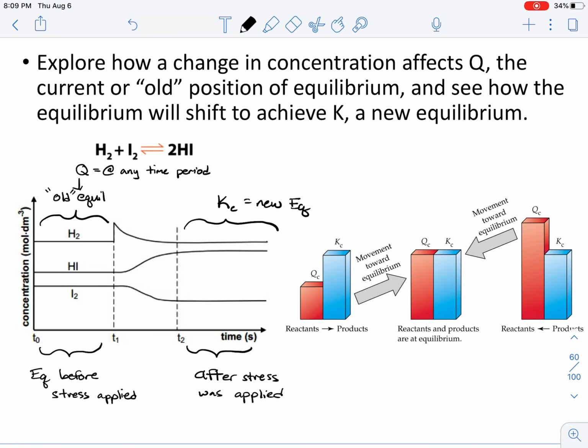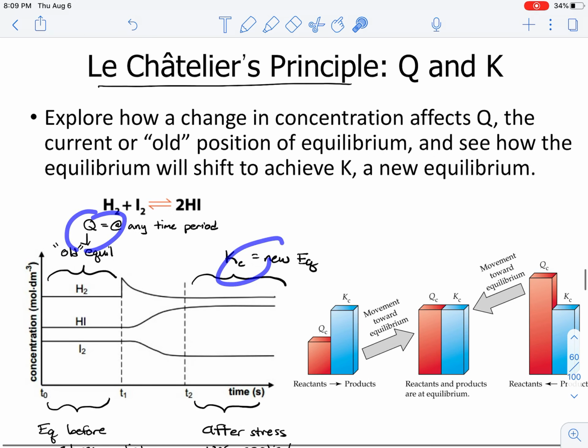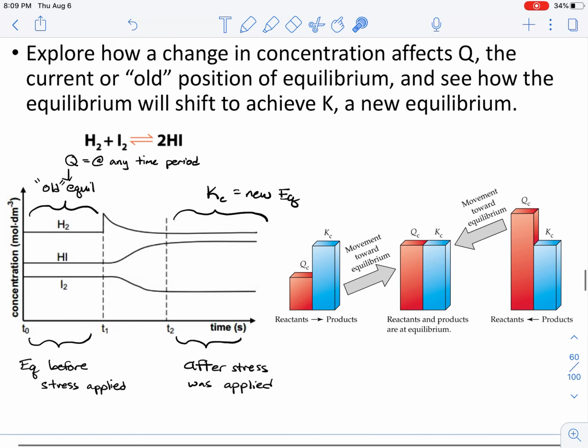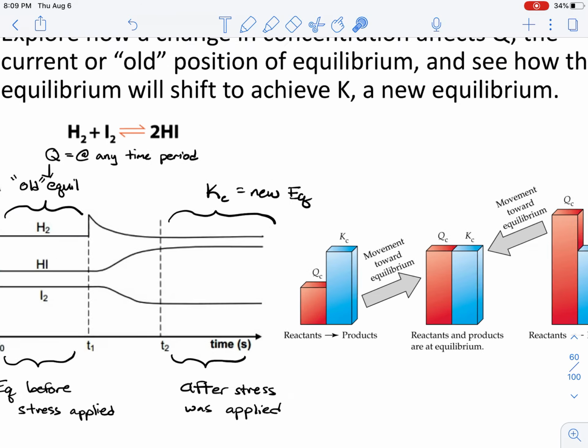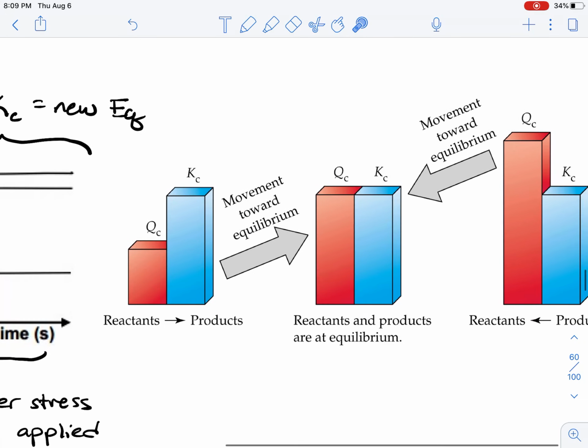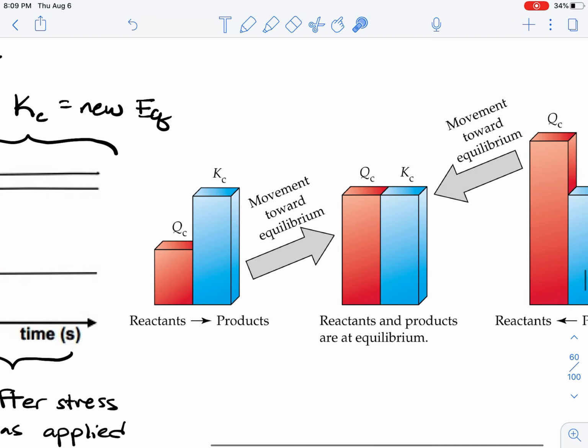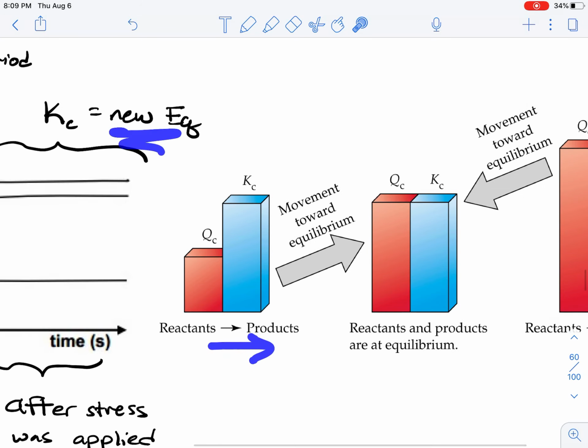And so it turns out that the relationship between Q and K with respect to Le Chatelier's principle is still similar to the concept that we discussed in a previous lecture video, where if the position of Q is less than the position of K, the reaction is going to move towards the side of the products so that the new equilibrium can be reached.